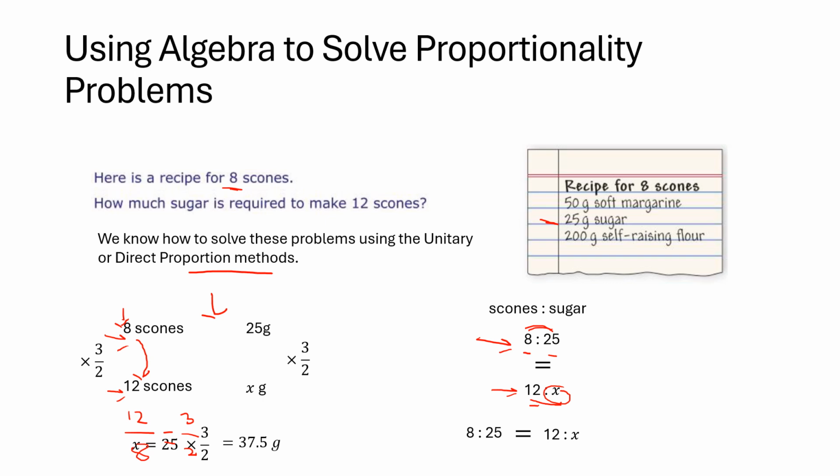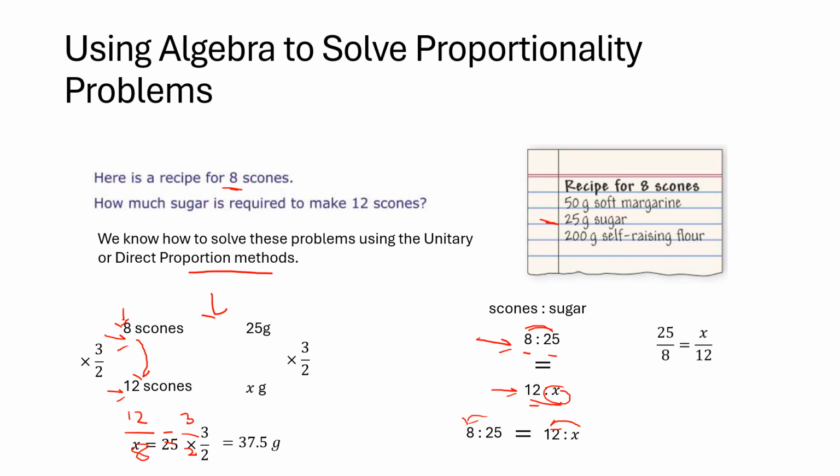So what we're going to do is tilt our ratios on their side and rotate them to form proportionality fractions. We turn our ratios in this direction to form fractions.